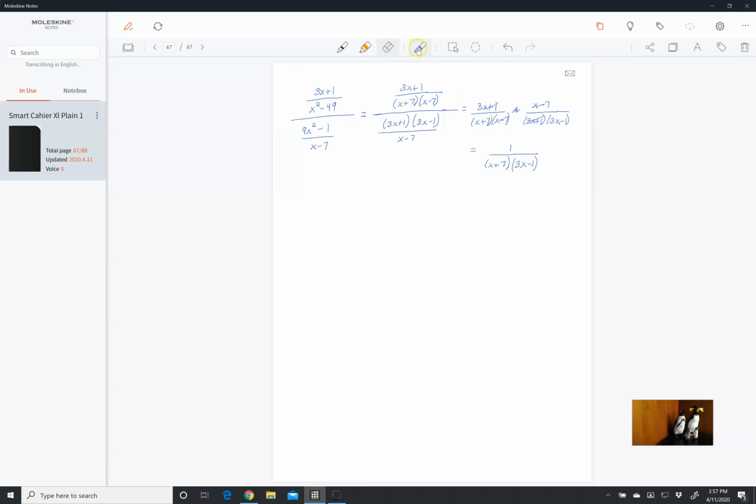Okay, so let's just make sure that we're clear about what happened. The first thing that we did is we factored. Both the x squared minus 49 and the 9x squared minus 1, both of these are differences of squares.